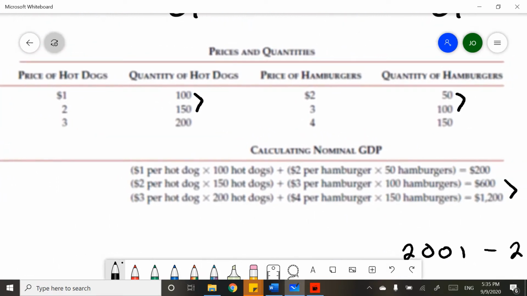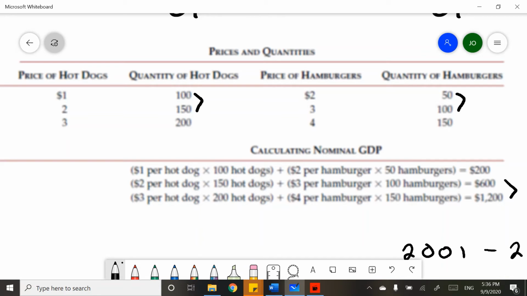Hot dogs, for example, only increased by 50 units, which is roughly 50% of the first year. And the hamburgers doubled. But you see, none of these equal 200%. Actually, it's way under that.